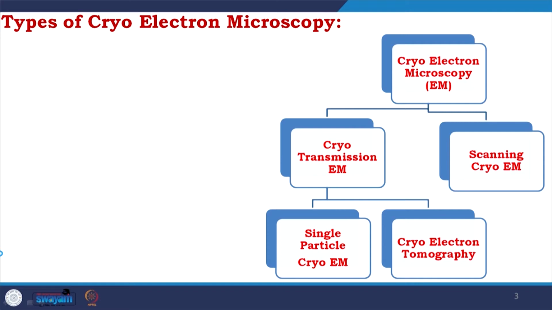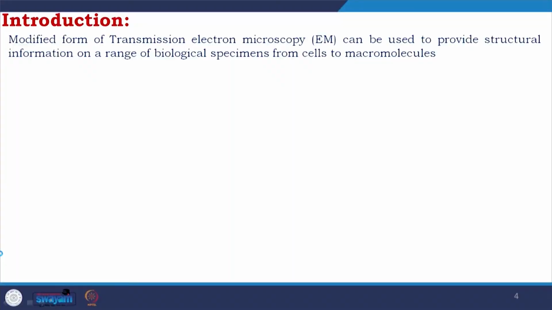One is single particle and another is cryo-electron tomography. We will talk about them when we go to the instrumentation. So, as I told, it is a modified form of transmission electron microscopy, and it can be used to provide structural information on a range of biological specimen from cells to macromolecules.